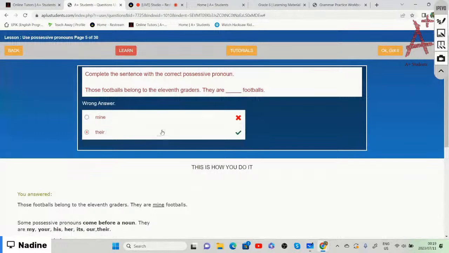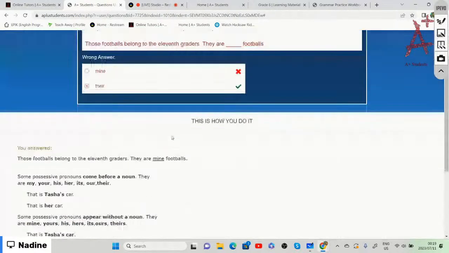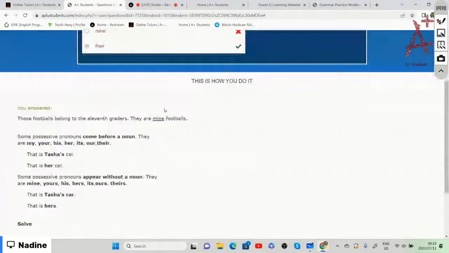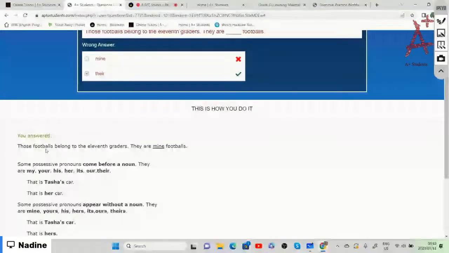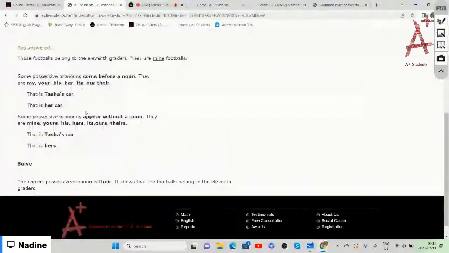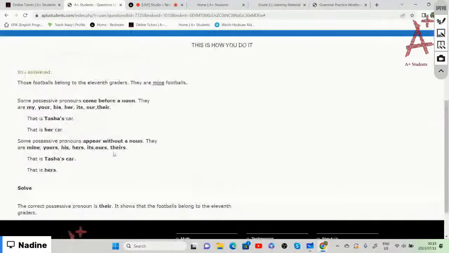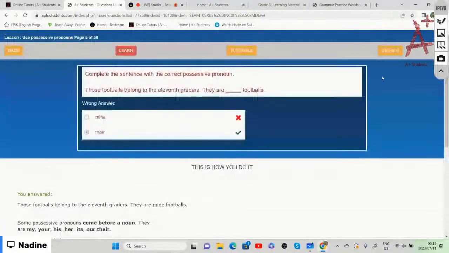It will show you how you need to do it, with an explanation of the whole lesson as well as the correct answer. Here the correct possessive pronoun is their, and it shows that the footballs belong to the 11th graders. So well done to the one that said it is their.